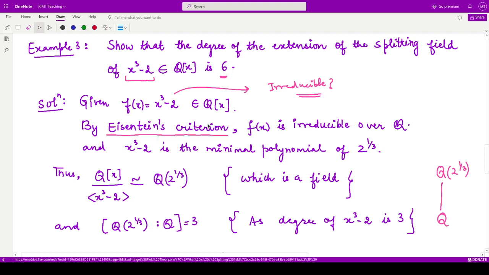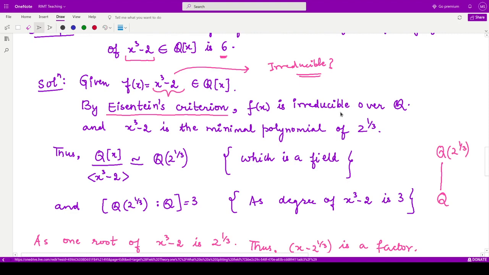It says that this polynomial is irreducible over Q. Once this becomes an irreducible polynomial and it is a monic polynomial, we can say this polynomial is the minimal polynomial of 2 to the power 1 by 3. Why 2 to the power 1 by 3? Because this is the root of this particular polynomial x cube minus 2.